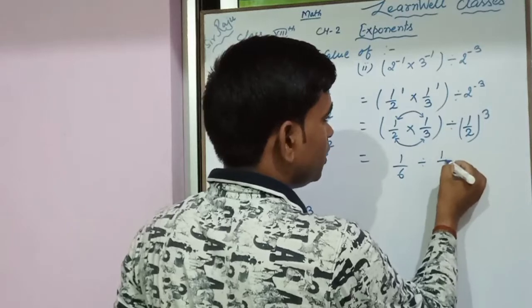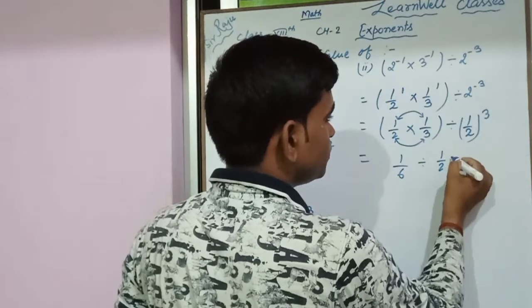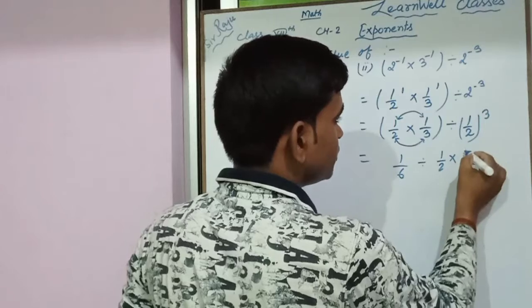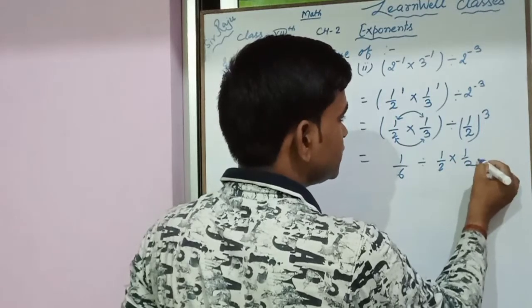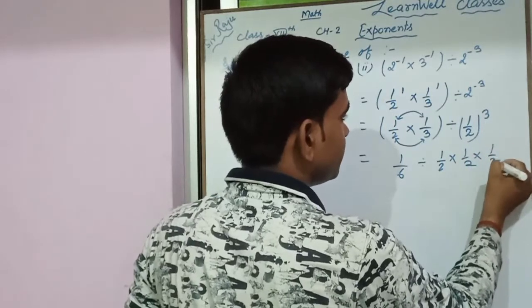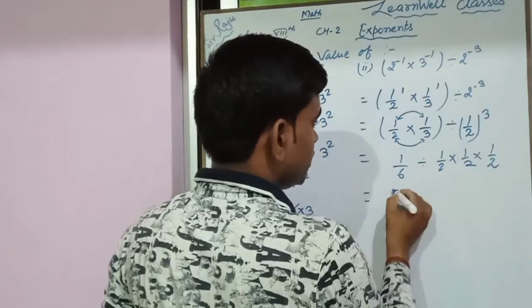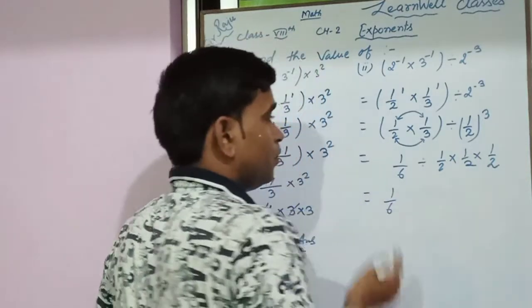Divide by 1 upon 2, 3 times, because its exponent is 3.